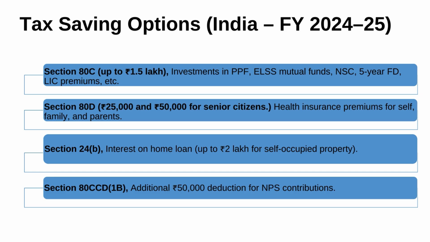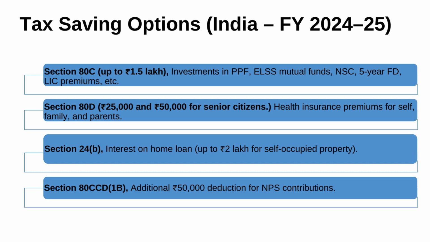Now in 80D, health insurance premium for self plus family, the maximum limit decided by the Income Tax Act is rupees 25,000. For parents who are senior citizens, this limit is up to rupees 50,000. Then we have section 80E. It deals with the interest on educational loan.